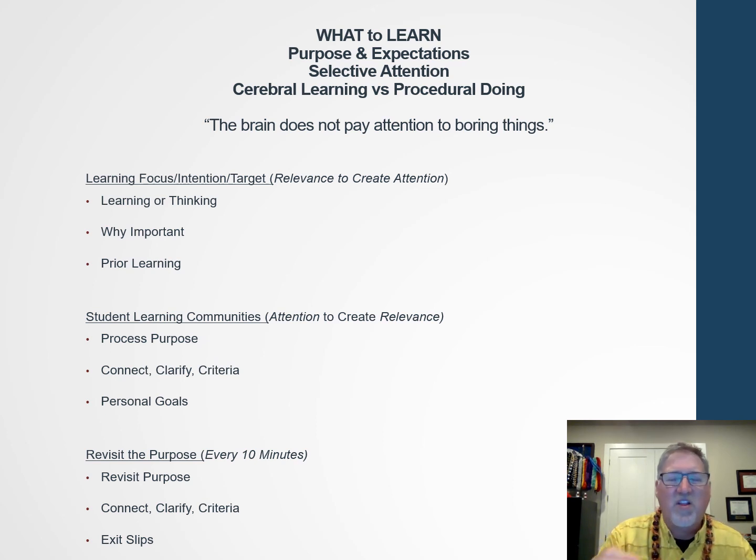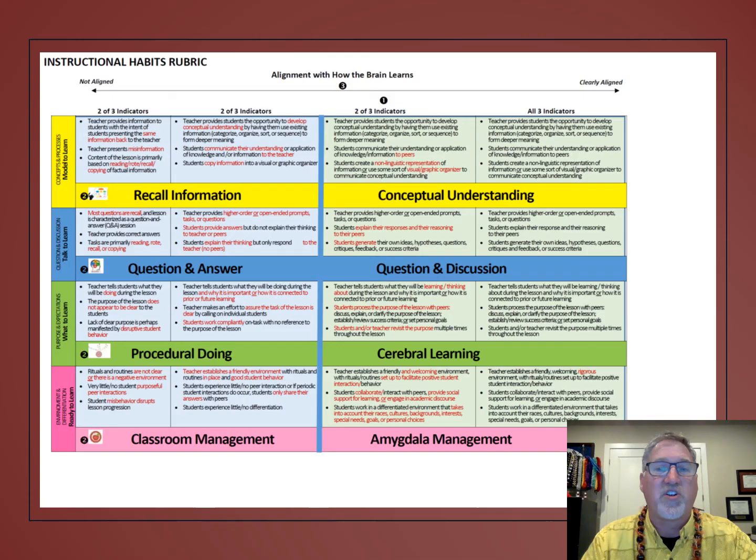They connect or clarify or look at a criteria, set personal goals. Then they revisit. Hey, that's just an exit slip. In the long run, we revisit throughout the lesson and then at the end. I hope this is helpful for you. This is setting the stage with the neuroscience research as we get into this, that it's really about cerebral learning and not just about procedural doing.